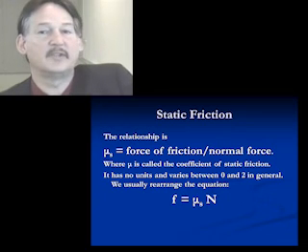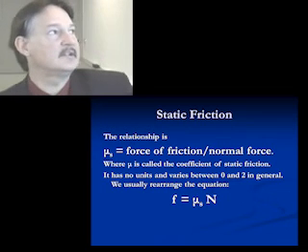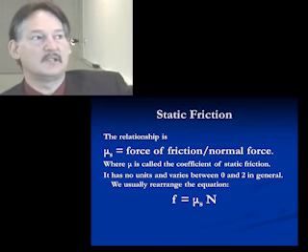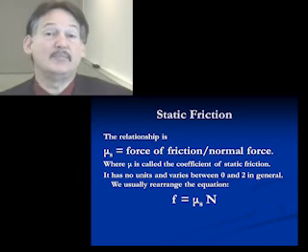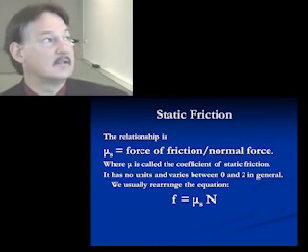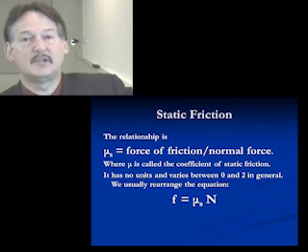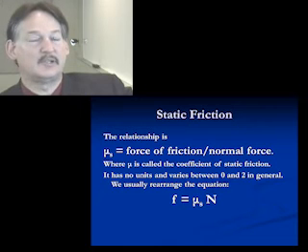That ratio of the frictional force to the normal force is a constant, given the symbol mu, the Greek lowercase m, and we subscript this with an s to indicate that this is for a static situation where the object is not moving.